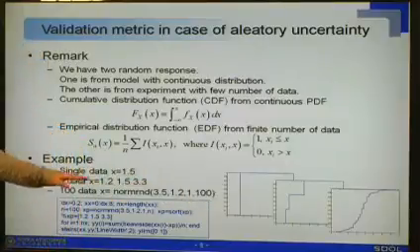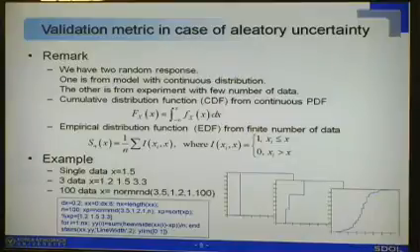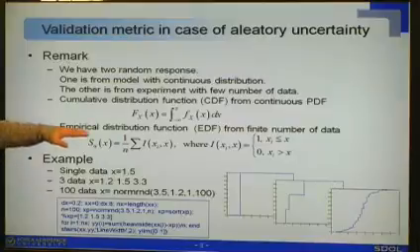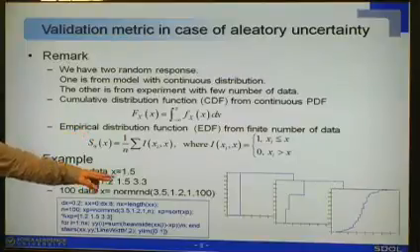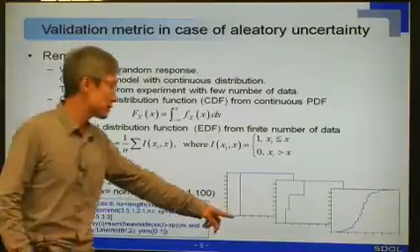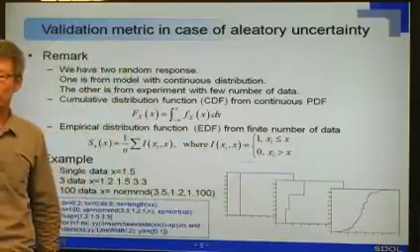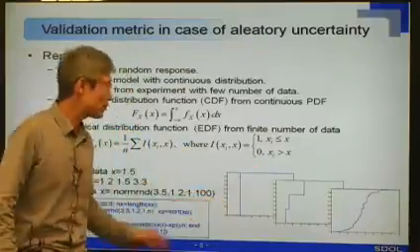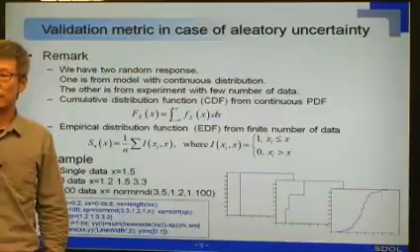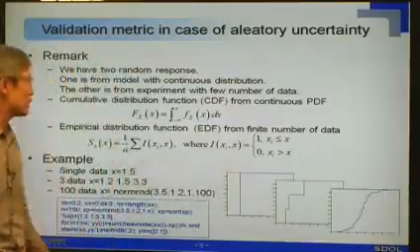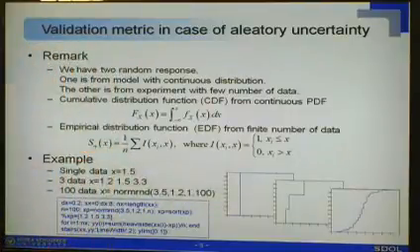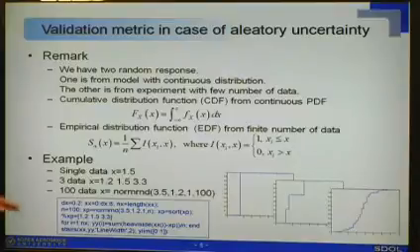Let's consider we have only one data point at 1.5. The empirical CDF for this case is just this figure. Before 1.5, we have 0 probability. After 1.5, we have unit probability.